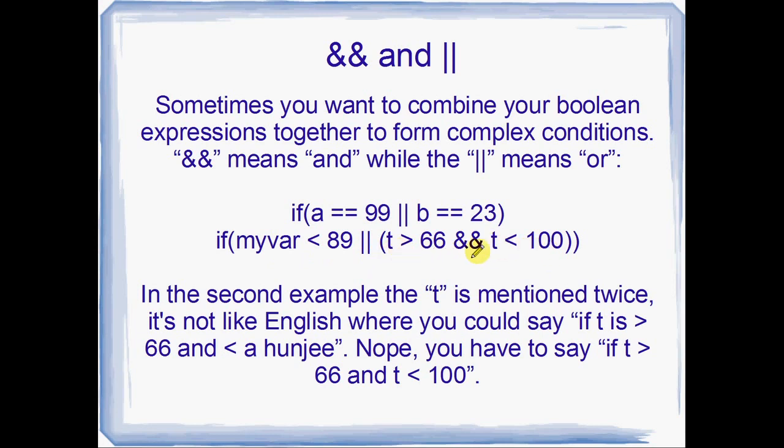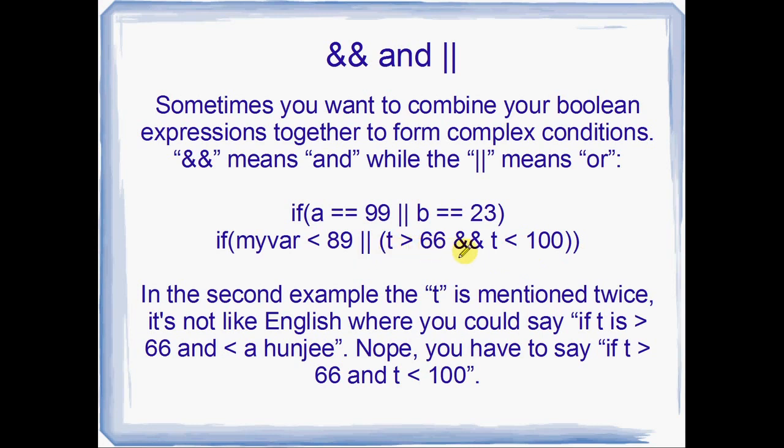This condition in brackets is its own condition, and it means, if t is between 67 and 99 inclusive, that's all that means.